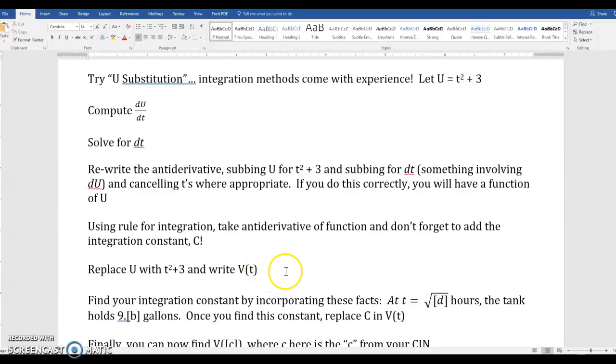So you'll substitute here for t, and it says the tank holds 9 point blank gallons, where the blank here is your b.